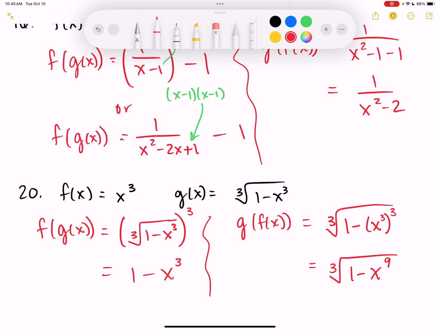Could we not simplify that to 1 minus x cubed? How? I'm not exactly sure. No, you can't, because this is in here together.